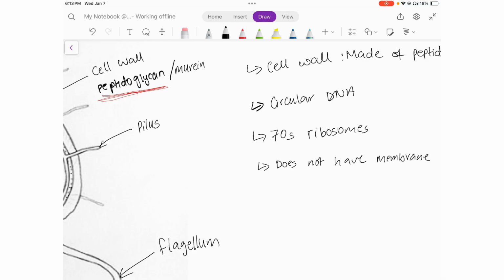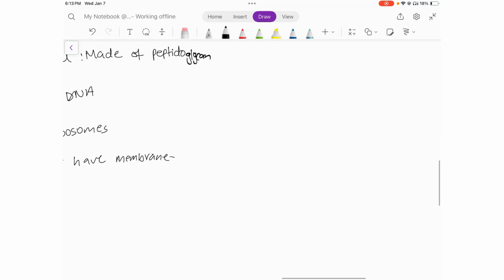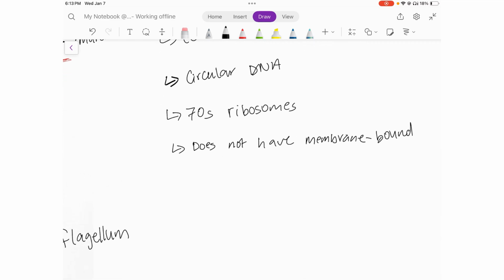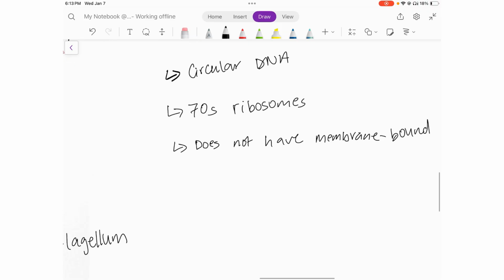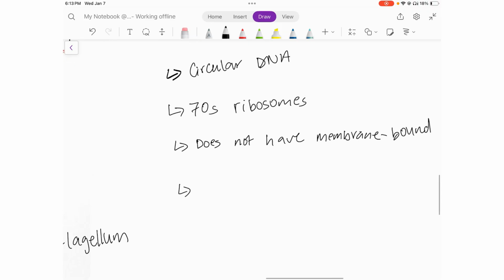Now, what they mean by membrane-bound organelles is that basically they don't have organelles that have a double membrane, such as mitochondria or chloroplasts. Another fact that I like to throw in here is that prokaryotic cells tend to be unicellular and are much smaller than our usual eukaryotic cells.